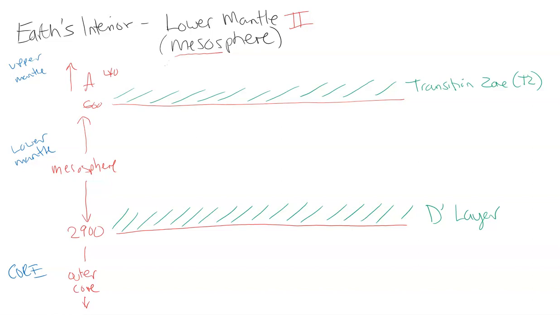These red lines are discontinuities. And that means there is a change in the velocity of the seismic waves from earthquakes observed by scientists as they go through the Earth's interior.